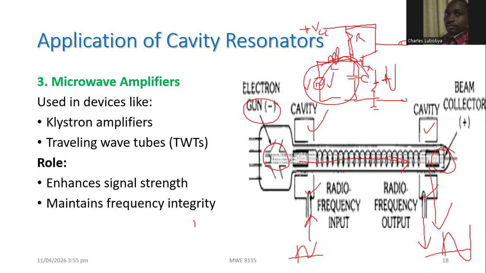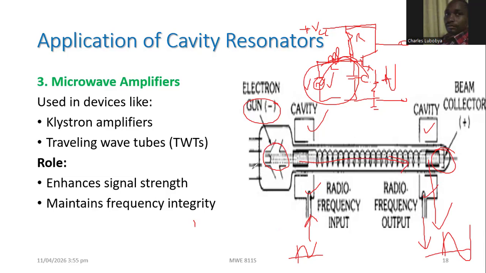Once the signal flows in, the electric field rotates between the cathode and the anode, and you create amplification, then you can output the signal there. So this is the basic principle of all amplifiers.